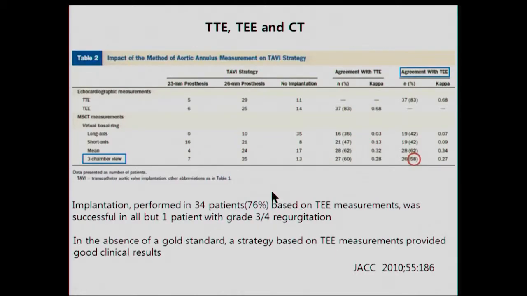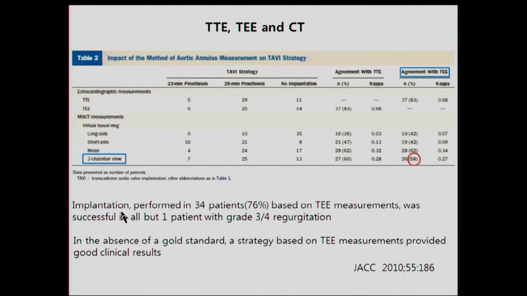In this study, comparing the predictive value of annulus dimension for paravalvular leakage between TT, TE, and CT, the agreement between CT and TE was only modest. A decision based on CT would have modified the TAVR strategy in a large number of cases.